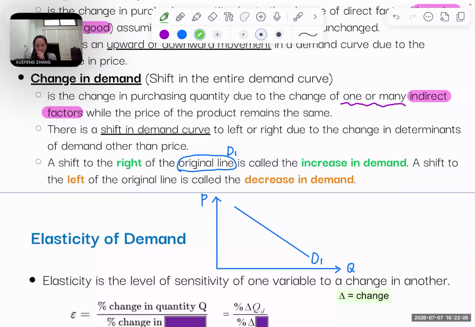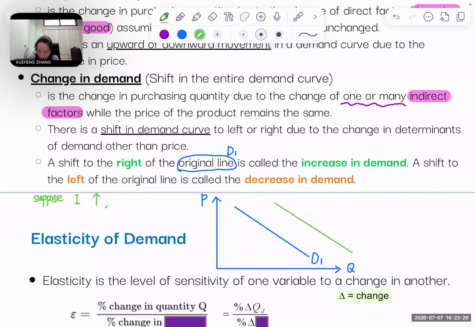And here, suppose income increases. The demand curve is going to shift to the right, and you buy more.